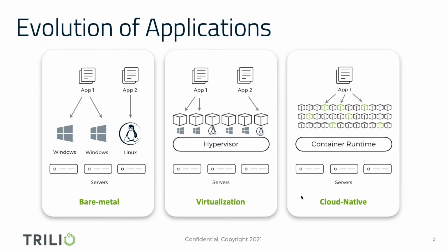When we look at a cloud native environment, the application is completely broken down into independent microservices. All these microservices work together to comprise the application, but each of them has its own identity and can live by itself. It's loosely coupled to the other components.